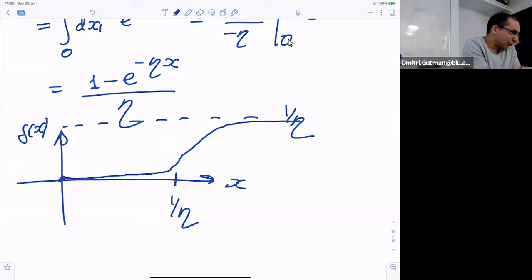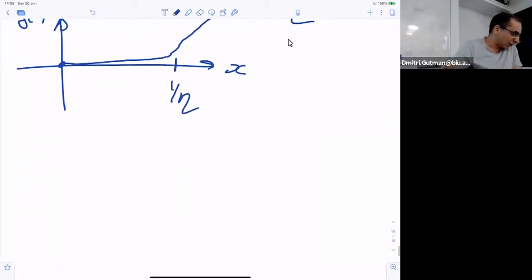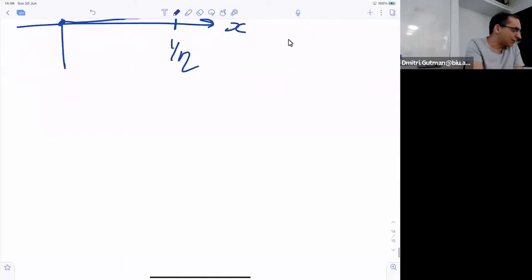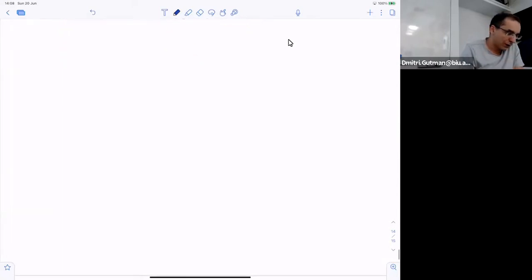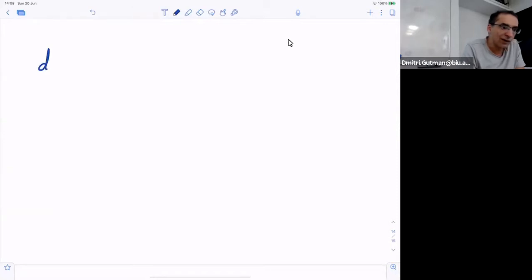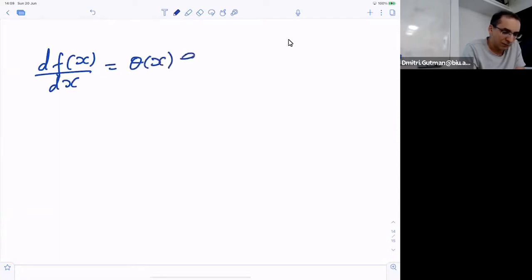Okay, so now let us get this result, this quite obvious computation, by using the ideas of the Fourier transform. Let's once again write the equation. df of x over dx is equal to theta of x e to the minus eta x.